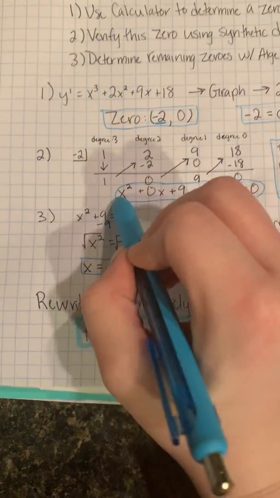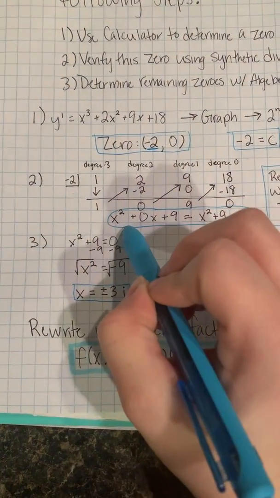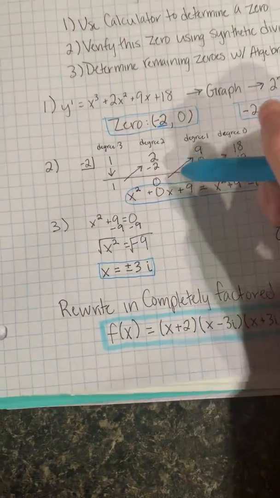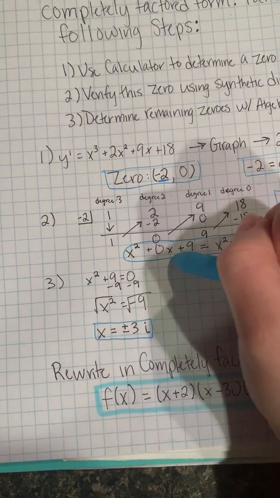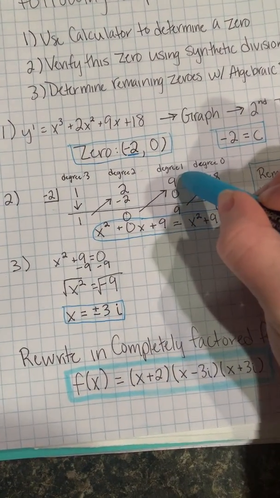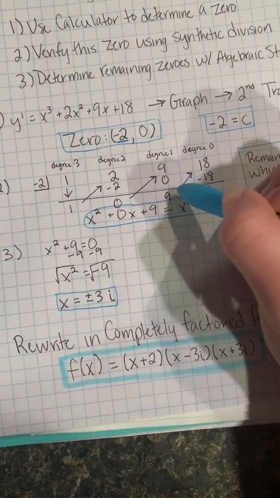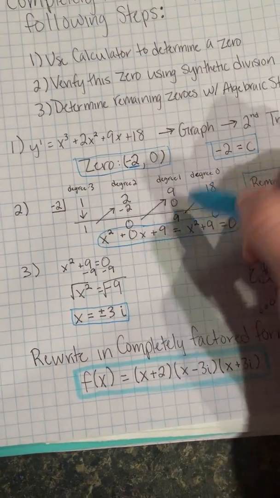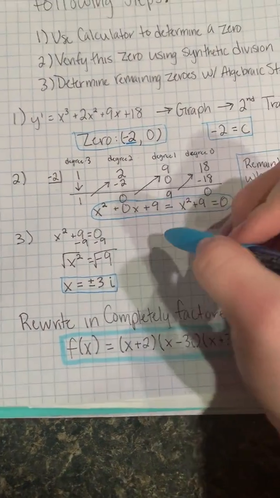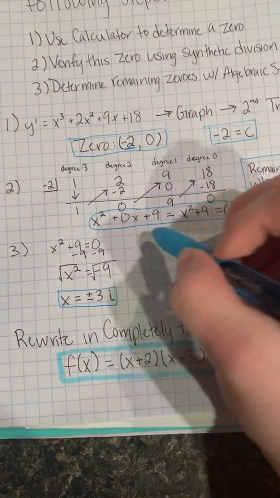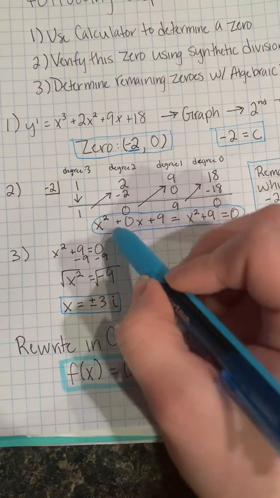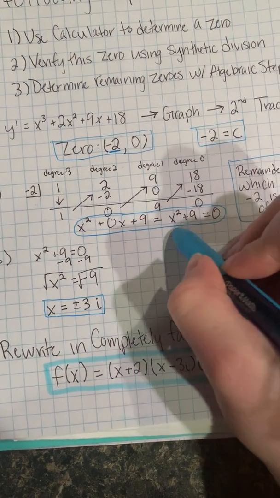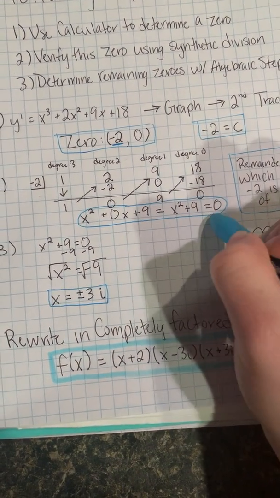So we have x squared, coefficient of 1. Our degree 2 turns into degree 1. So we have 0x, and this degree 1 turns into our degree 0, so our constant, which is 9. So you'll simplify this out. I like to put the 0 just so I can visualize the equation. And then we'll simplify it out, so it's x squared plus 9 equals 0.